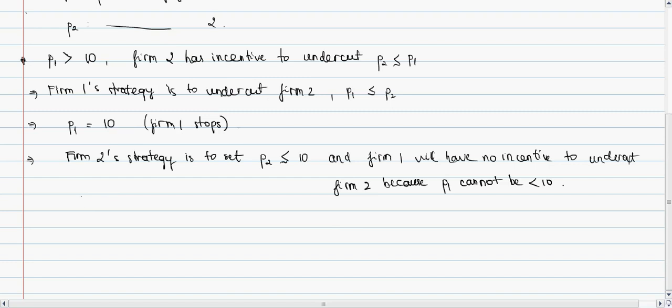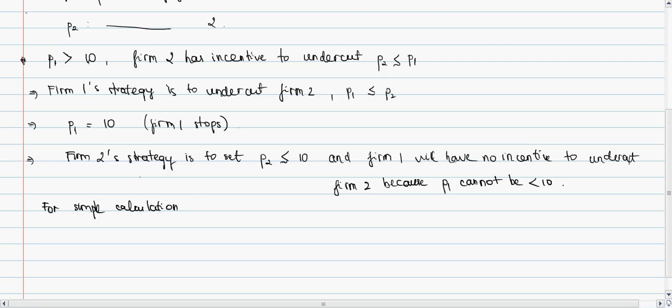Now in this case, for the ease of computation, the question tells you to assume that if the two firms are charging the same price, whoever has a lower cost is going to supply the whole market. So with that assumption, instead of setting the price a little bit smaller than 10, it's for simple calculation, to avoid a technical problem.